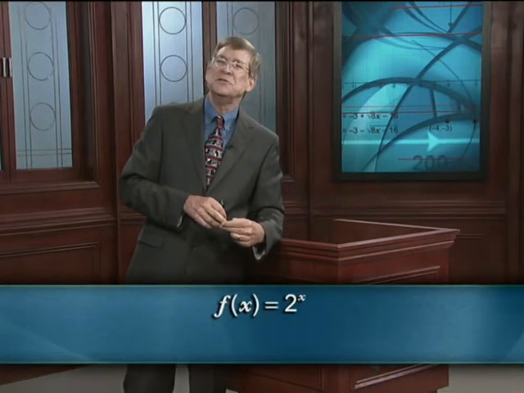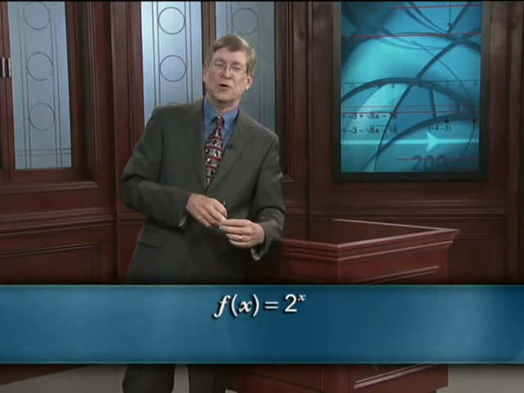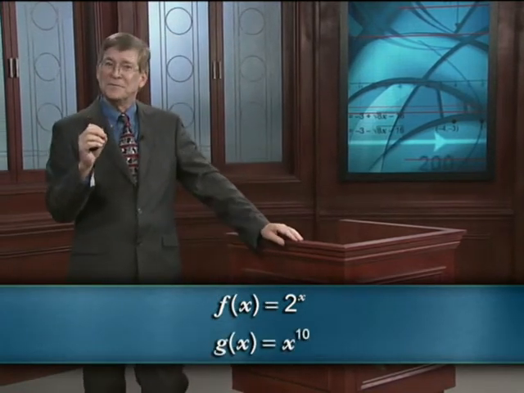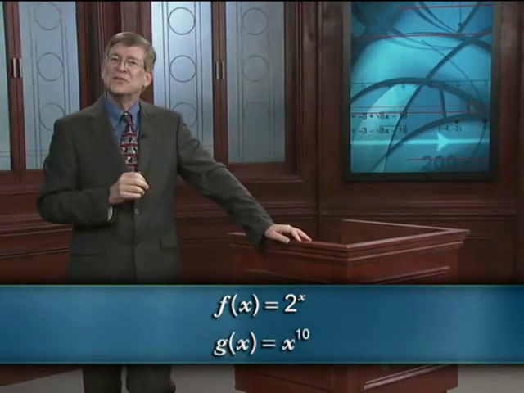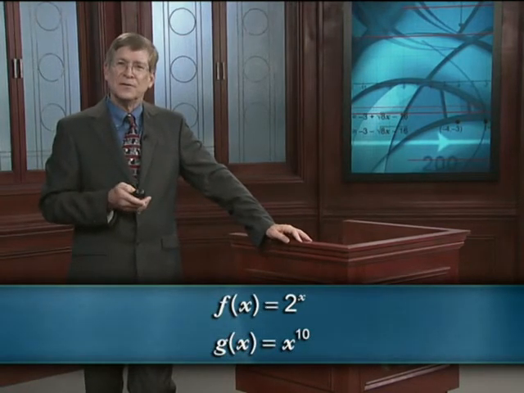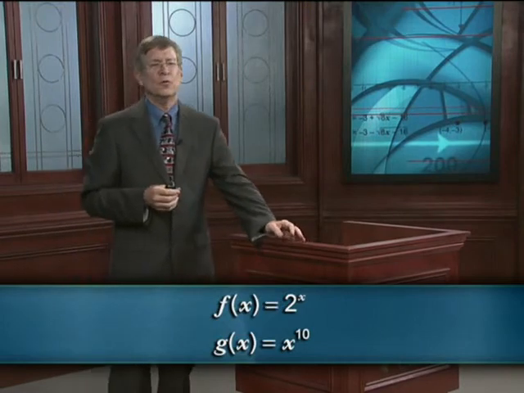All right, here's a really interesting puzzle, and I want you to try this one with your graphing calculator. Let's look at two functions. One is 2 to the x, which is a function we've talked about today. And the other function is a polynomial, one of our old friends, x to the 10th power. Let me graph them for you real quickly.